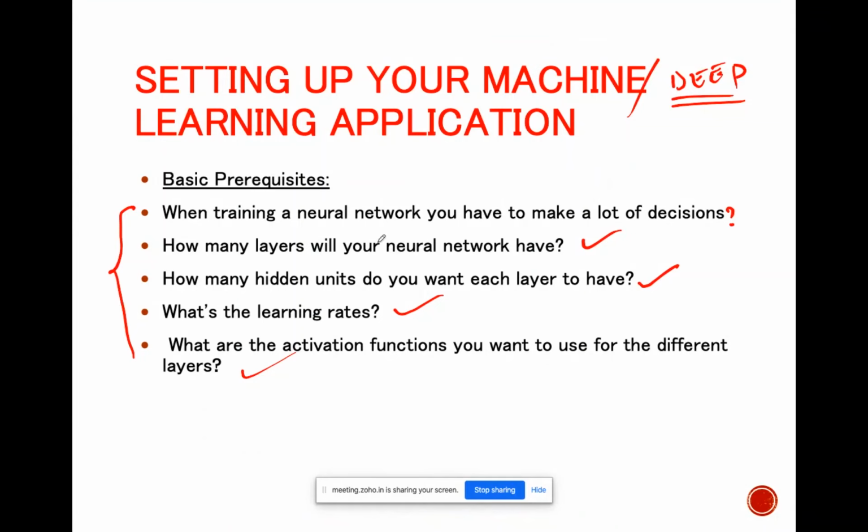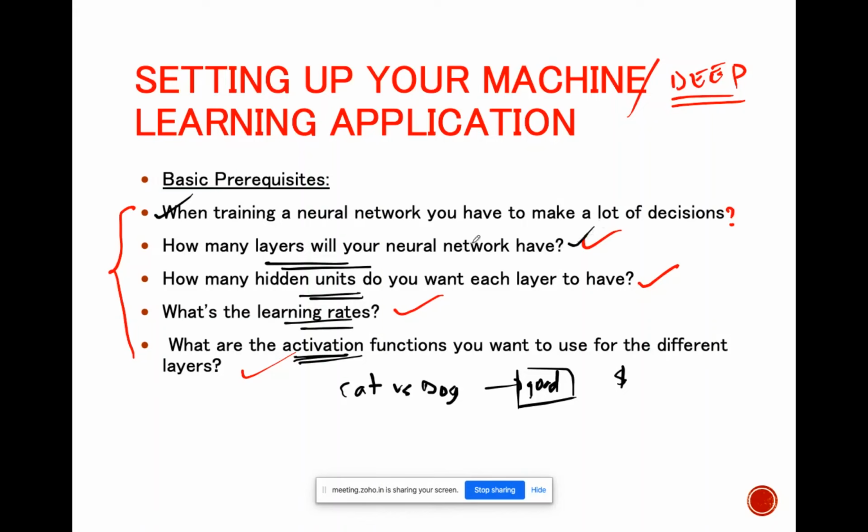It's not like I have built a cat versus dog classifier and I'm good. The whole story is this: when a neural network is being designed, how many layers we need to use, how many hidden layers, and what learning rates. We have discussed how many layers in the neural network and how you choose.